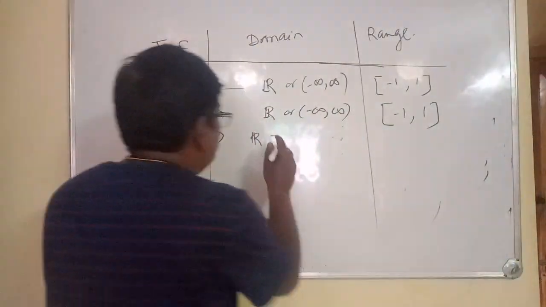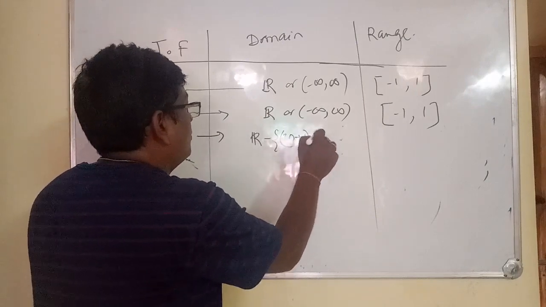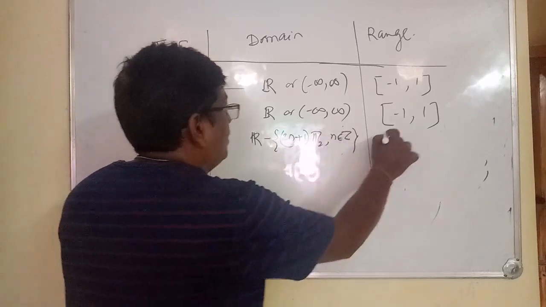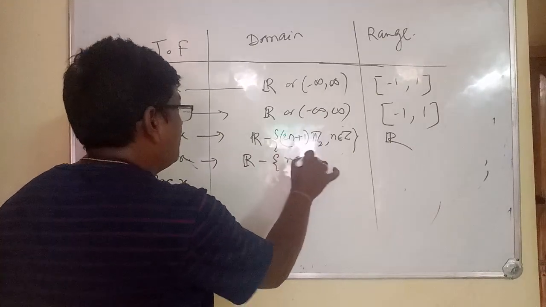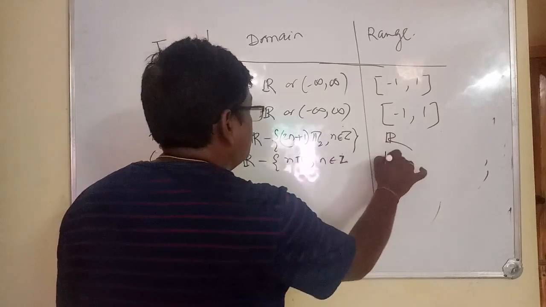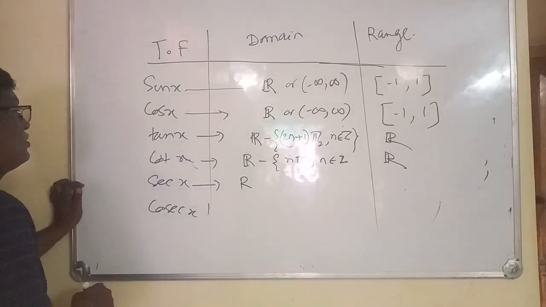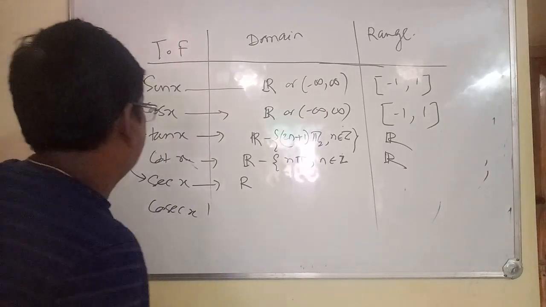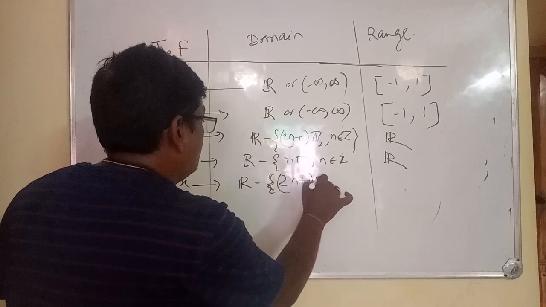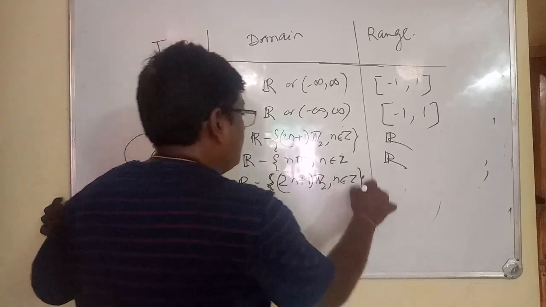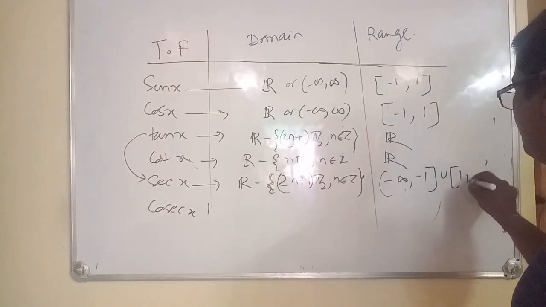Suppose this is R minus (2n plus 1) pi by 2, n belongs to Z, and this is the set of real numbers R. And the domain of this is R minus n pi, n belongs to Z, and this is R. Domain of tan x, which is sin by cos, is equal to the domain of sec x, which is 1 by cos: R minus (2n plus 1) pi by 2, n belongs to Z, and the range is minus infinity to minus 1 union 1 to infinity.